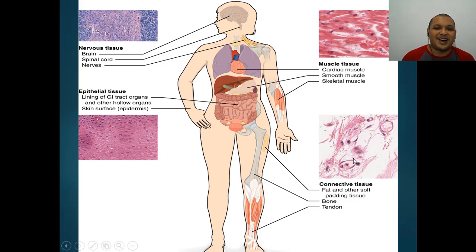Blood is also connective tissue. So simply said, connective tissue is the tissue with the most types among the four general tissues in our body.